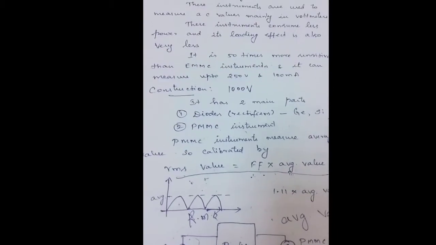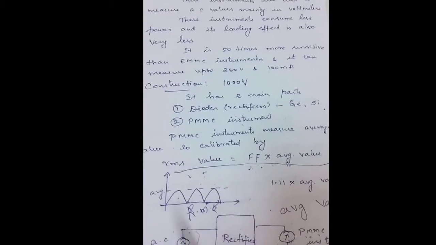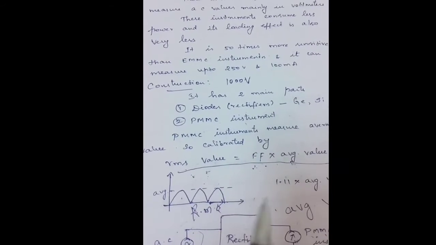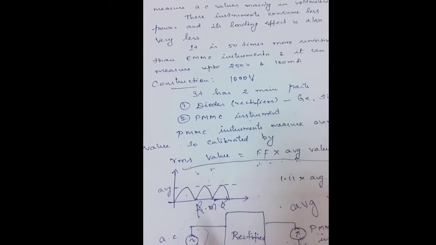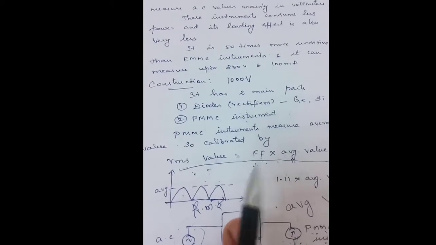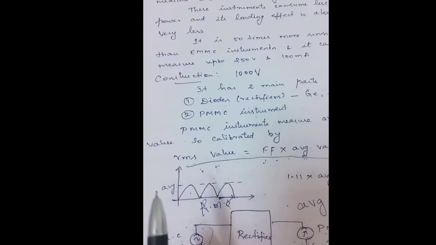So this is about the rectifier type instrument. We shall analyze the form factor and average voltage values for the rectifier types. There are two types of rectifier type instruments available: half wave rectifier type and full wave rectifier type. We shall discuss those two types now.